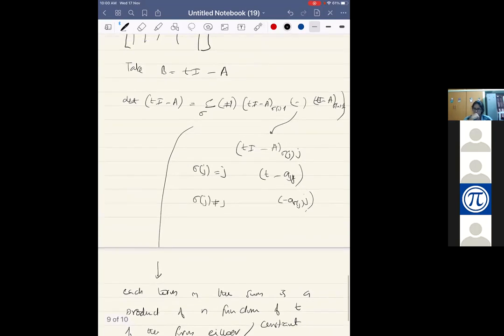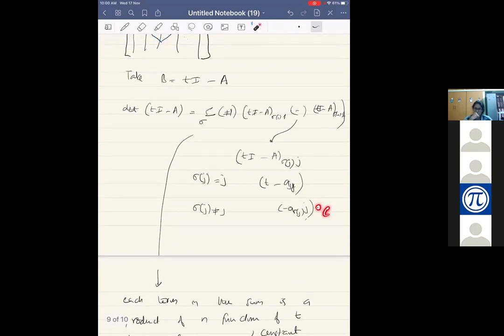In this case it's constant, and in this case it's linear.